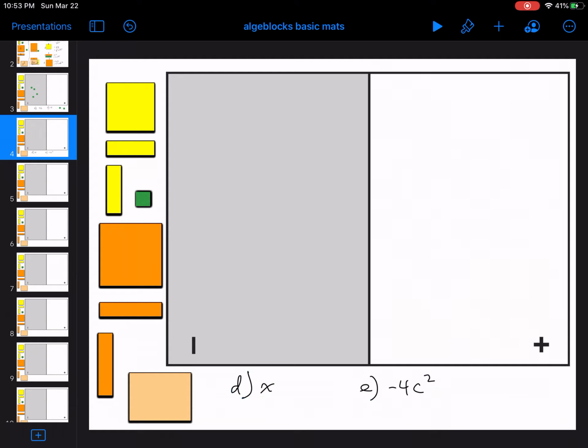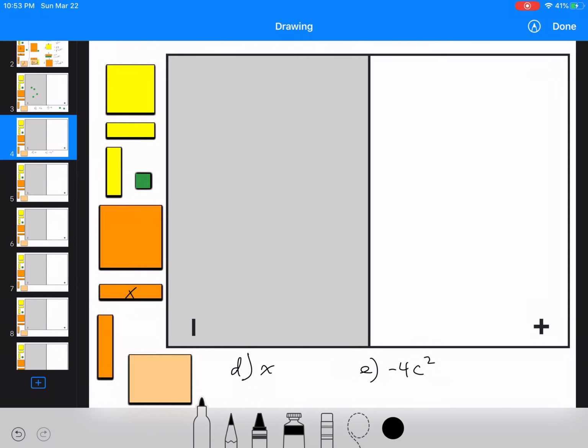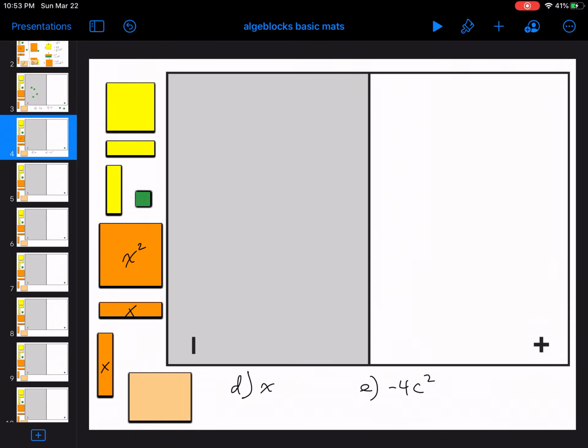So x, well, we would need to know what we're going to be calling x. That's something that we would need to define. Well, let's say that I would like to call the orange a 1 by x. So my oranges will be x, and this will be x squared. I don't know what the other variable would be, so it doesn't really matter. I don't have to define it at this point. So then, that'd be -x. This would be positive x. Okay, so that would be a picture of positive x, a model of positive x.